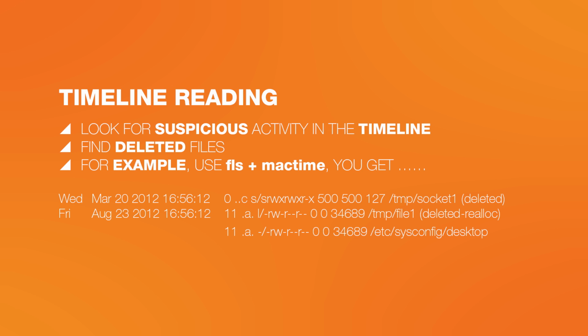In our example, we know that there is a file called file1. Its metadata has been overwritten, and we do not know where its data blocks are located and whether the data block has been overwritten. The third file is a normal file entry, just like you normally see from ls -l output.